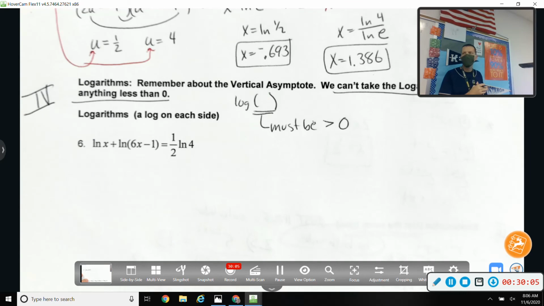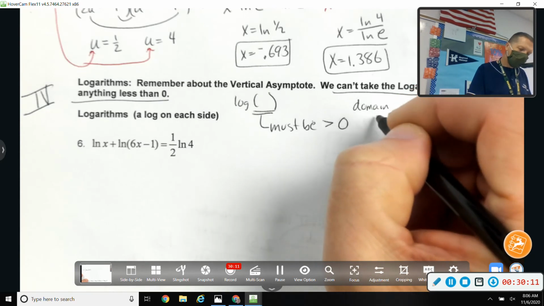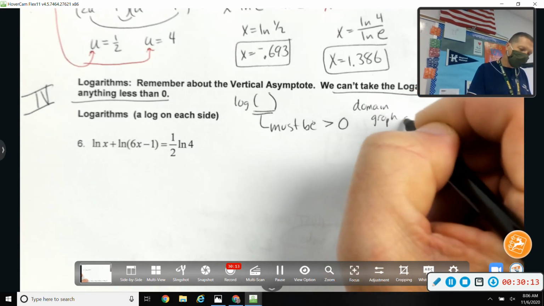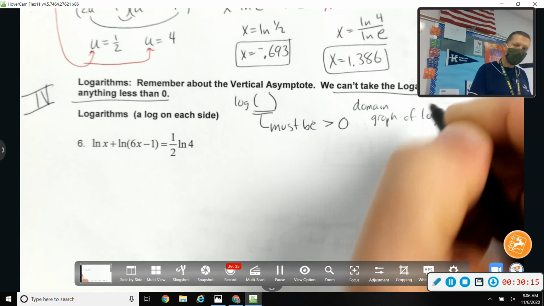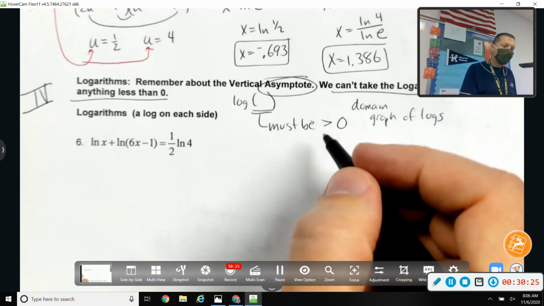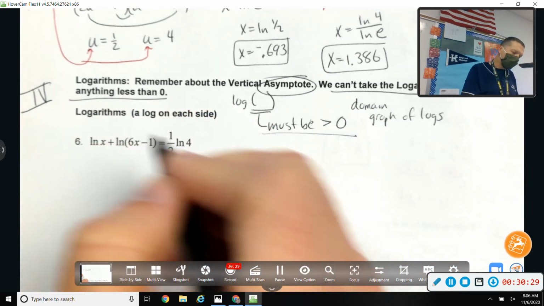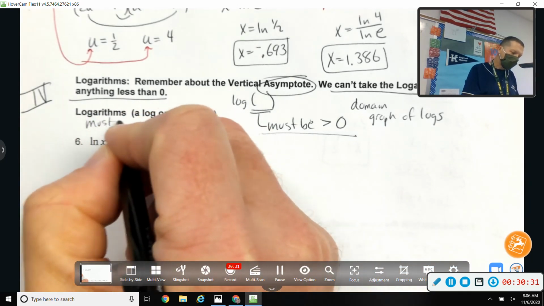This is very much related to the domain and the graph of logs. Right? There's an asymptote, and everything was always to the right of the asymptote. There was nothing on the other side of the asymptote because you can't take the log of a negative number. So on the log equations, you have to check your answers.